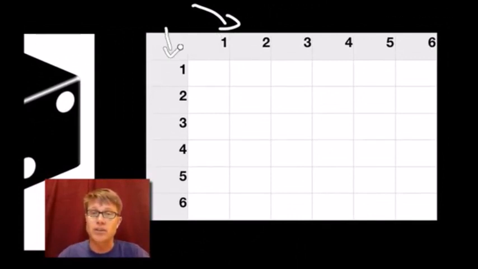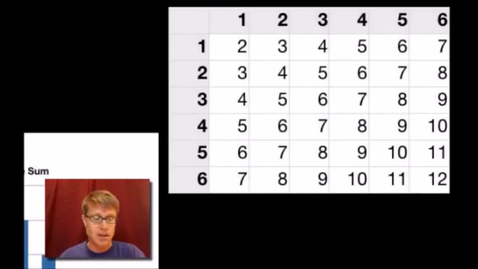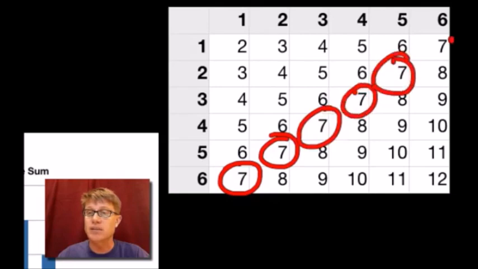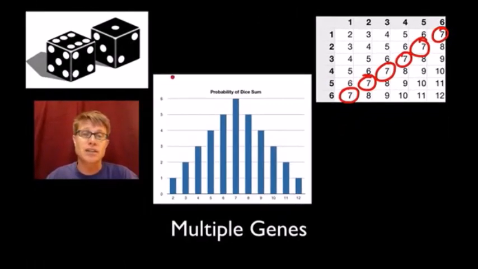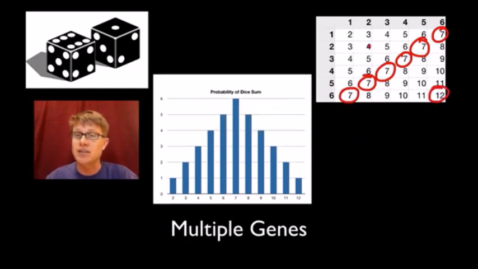You could roll a 1 through 6. If we put out all the possibilities that you could get, you'll find that certain things show up. In other words, you could actually get a 7 in 6 different ways. And so if you roll 2 dice, the odds of getting a 7 are 6 in 36, or 1 in 6. Whereas the odds of rolling snake eyes or boxcars are actually 1 in 36.